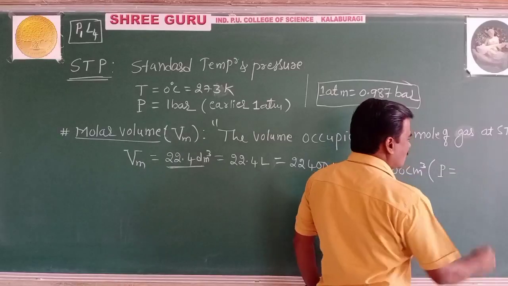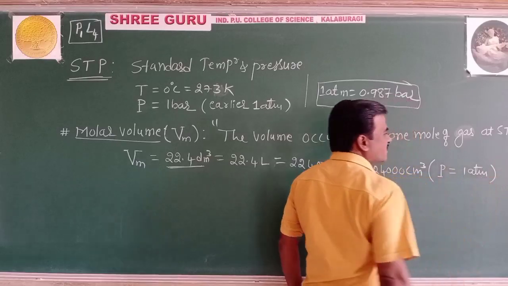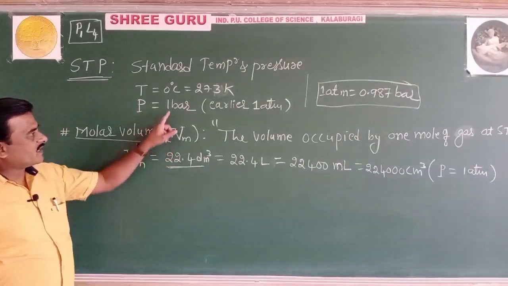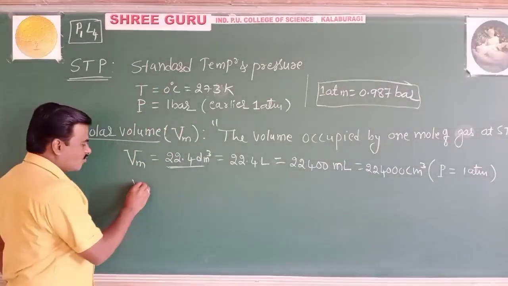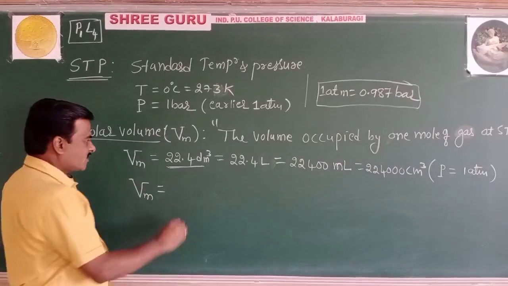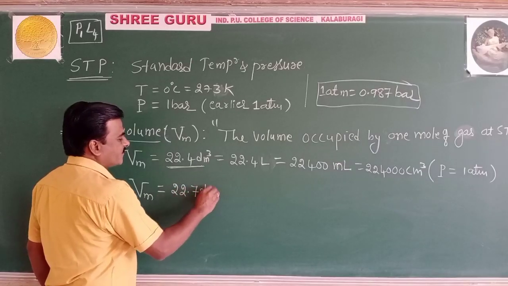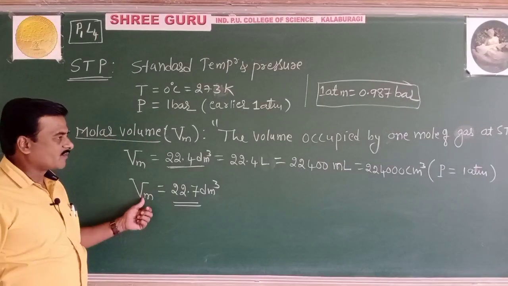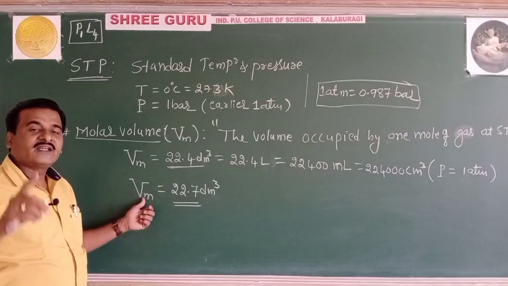When the pressure is 1 atm, as earlier. But nowadays, a pressure of 1 bar is taken as the STP condition, therefore molar volume changes slightly, to 22.7 dm cube. 22.7 dm cube is the molar volume at STP if the pressure is expressed in bar.